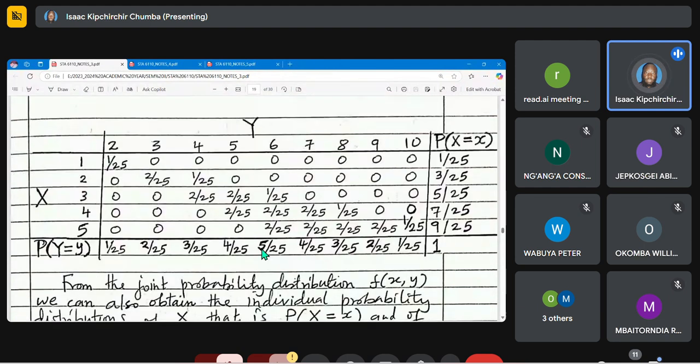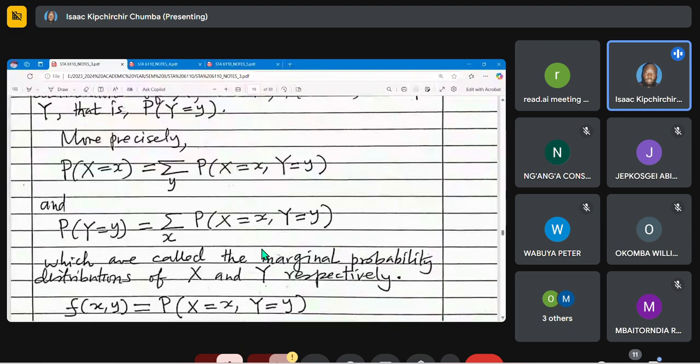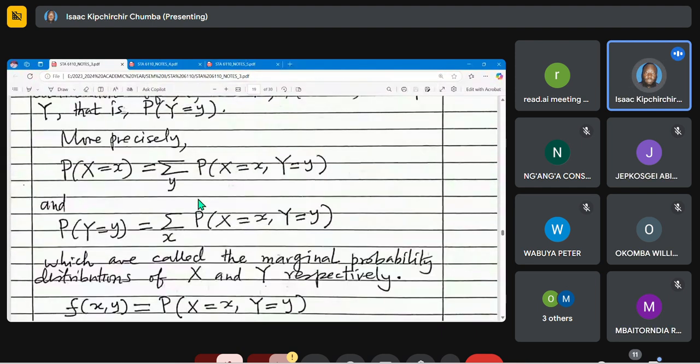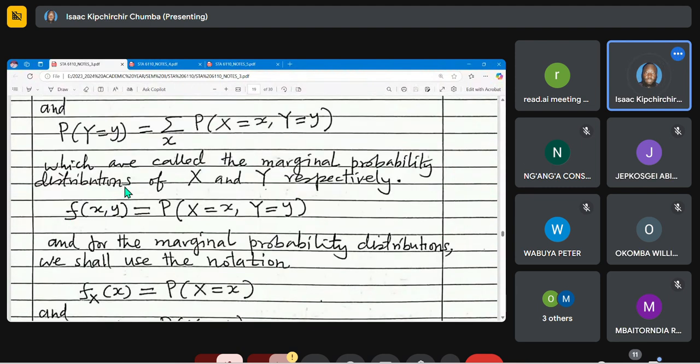This was an example on page 114. And we adopted some notations. Of course, we know for the joint, if you have two random variables X and Y, this is how we denoted our joint distribution, which is actually a bivariate probability.